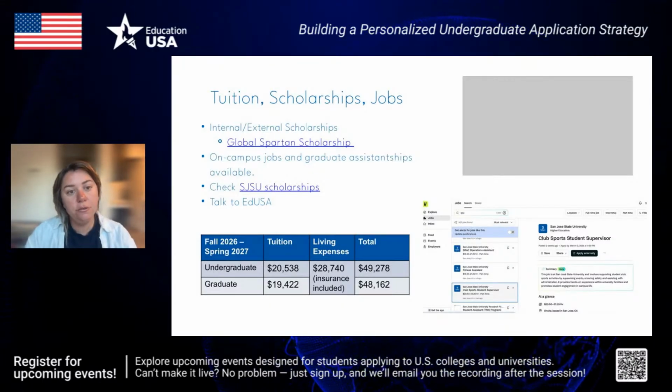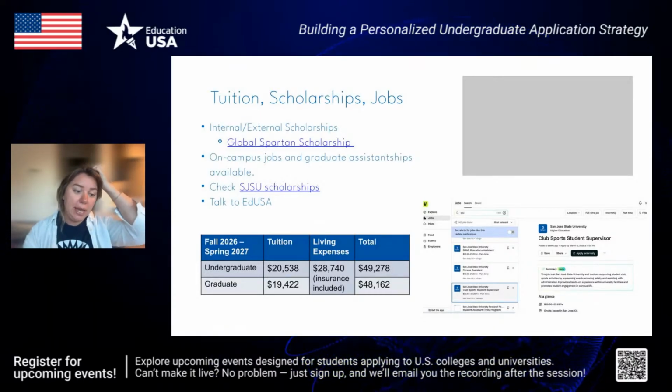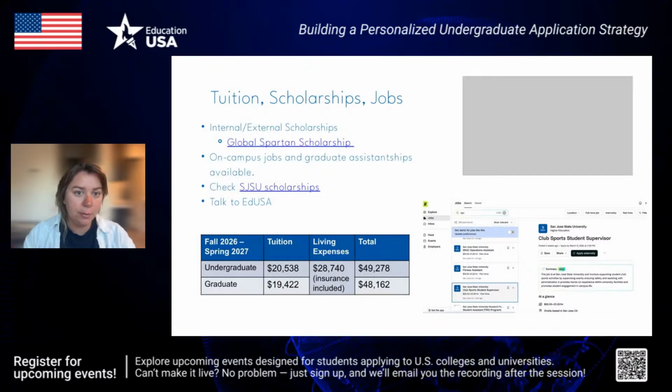So you might have to apply for multiple scholarships. And there are other universities, as I mentioned, that can help pay for 75% of your tuition if you have a good GPA. But that should also be one of the first steps to think about: are scholarships available?